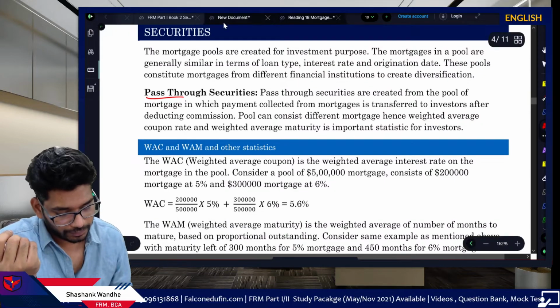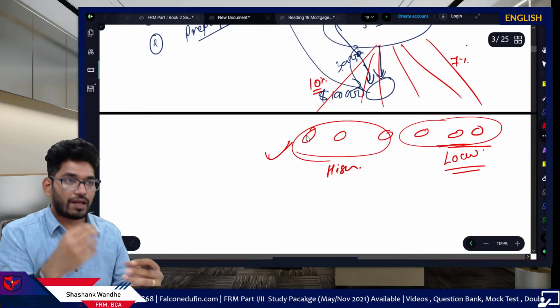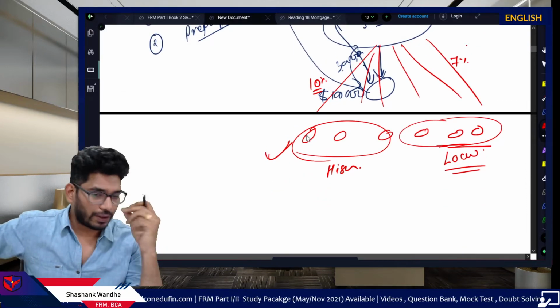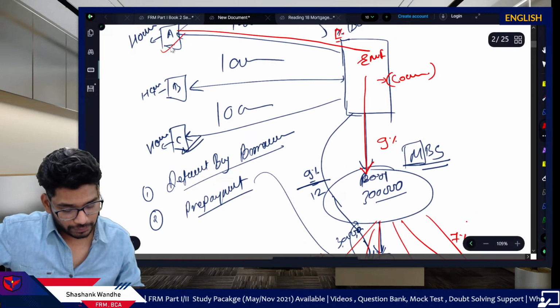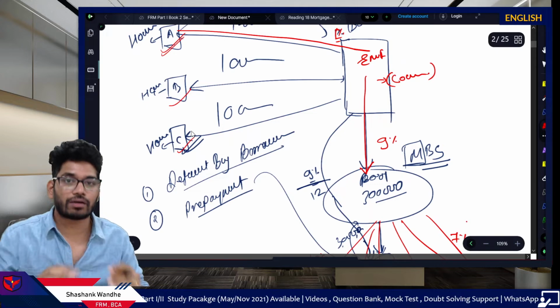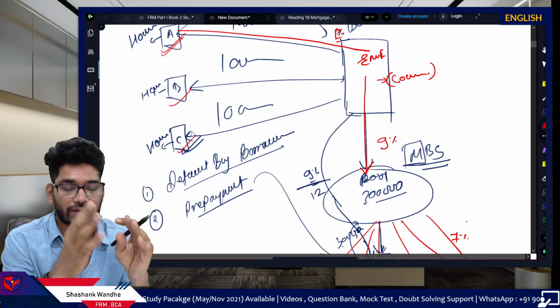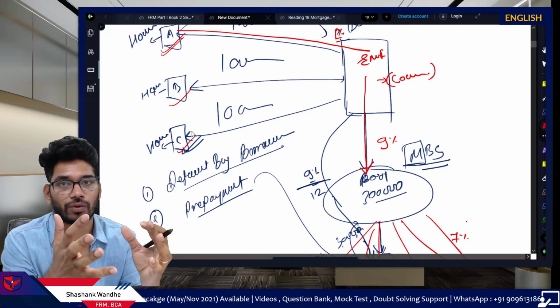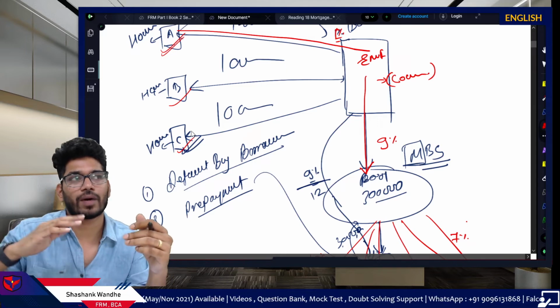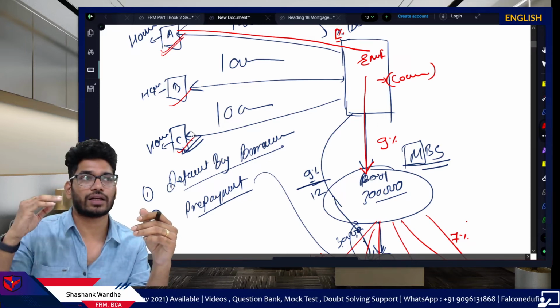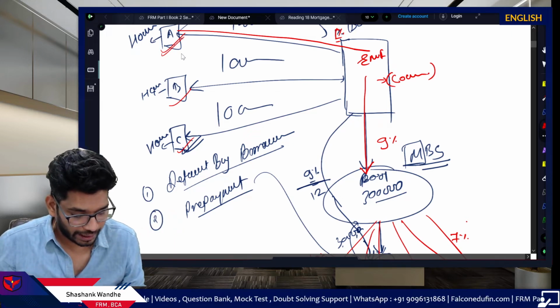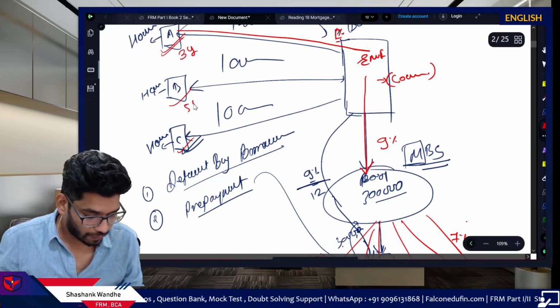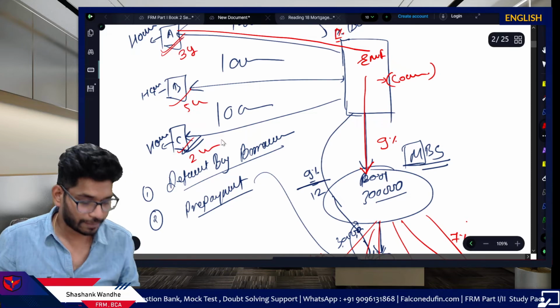Now, next, when the investor is investing in this particular pool, remember, the bank doesn't have just one type of loan or just one characteristic of loan. There are different loans. The bank provided loans in a complete year and there were different interest rates. The bank provided loans for say A, this is for 3 years, this is for 5 years, and this is for 2 years.